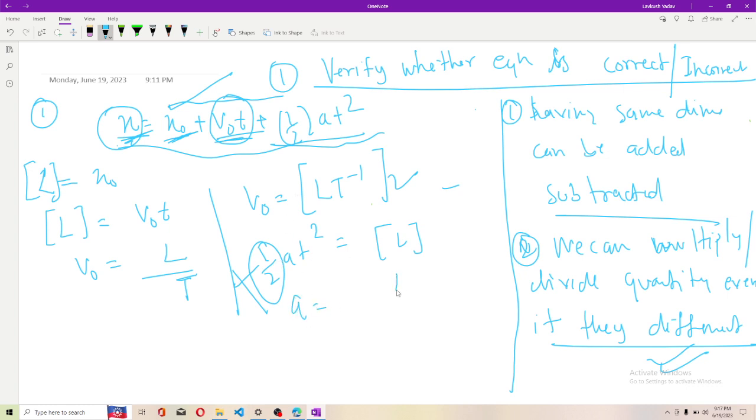Now a is equal to L upon t square, so the dimensions of a are L t minus 2. Through dimensional analysis you can find the dimensions of different quantities used in an equation. Like this, you can do any other questions.